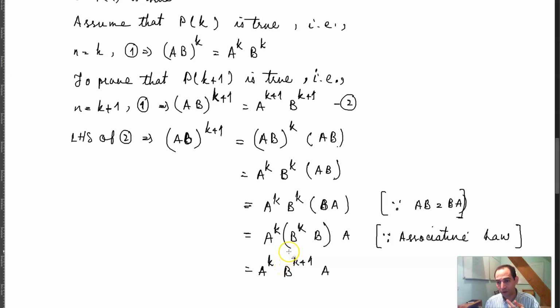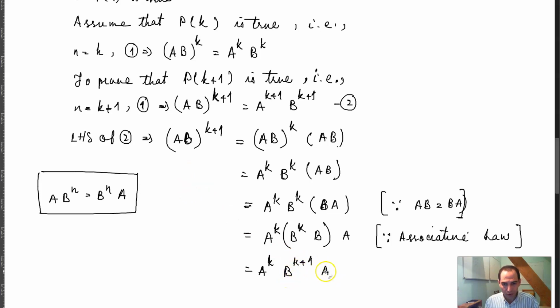In the previous part of the same exercise that we did, we proved something that we can use right now. We proved that if you have two square matrices of the same order, and if A and B commute, then A times B raised to the power n is equal to B raised to the power n times A. We already proved this in the previous step of the same exercise.